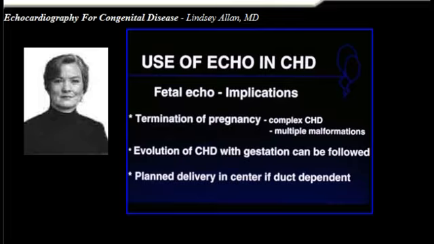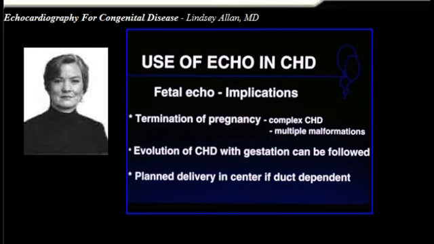The other important impact is that for the lesions that are going to be duct dependent in the postnatal period, where the systemic circulation or the pulmonary circulation is going to be dependent on the patency of the duct, these patients should be delivered in a center where they are going to be able to be immediately taken care of.